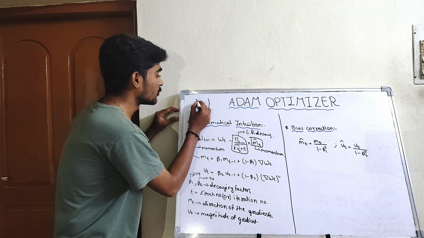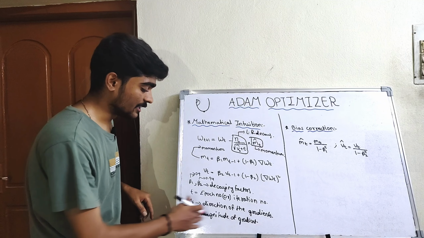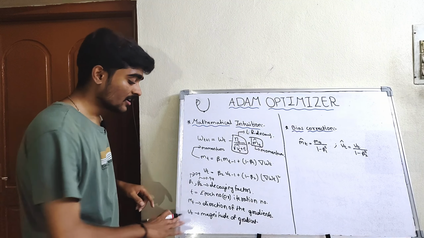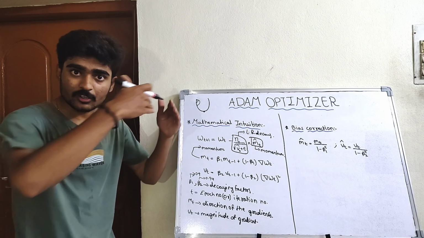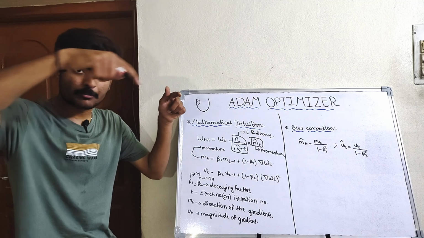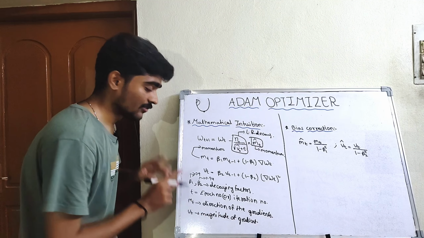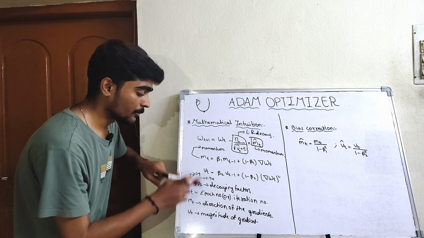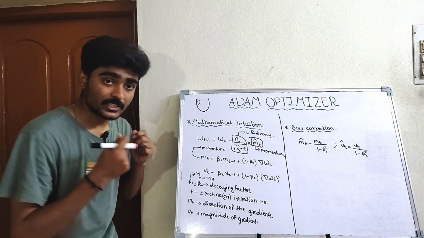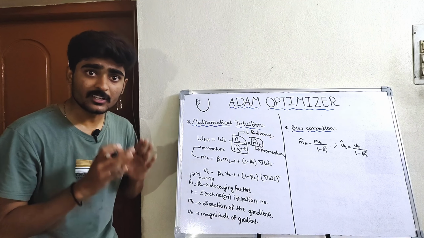It may take a smaller jump or a larger jump based on this vt value. Whether our optimizer takes a longer jump or a shorter jump is directed by this vt term. The mt term represents the direction and the vt term represents the magnitude of the jump.